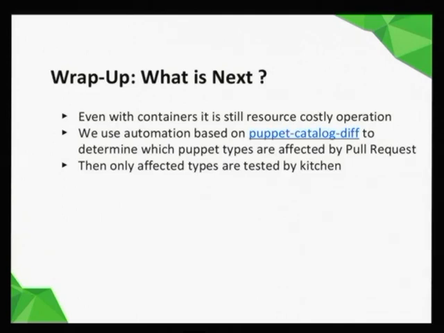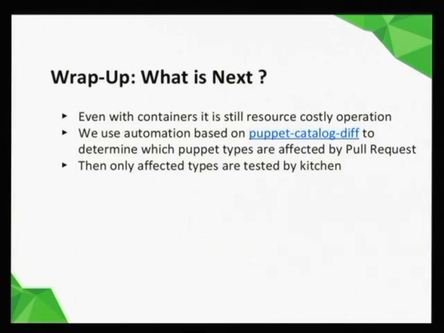As I mentioned, resource efficiency, yes, but still we have a lot of types, and we can't allow ourselves to run the whole regression test suite for all types on every PR. It's just not possible, and it's anyway a long feedback loop. So we're using another open source project called Puppet Catalog Diff and some automation on top of it, which basically will create Puppet catalogs compiled on top of the stable head branch, plus another bunch of catalogs from the PR, diff them, and from that you will get an affected types list.